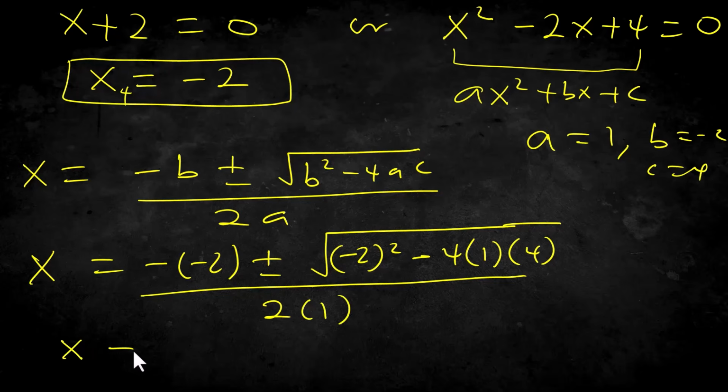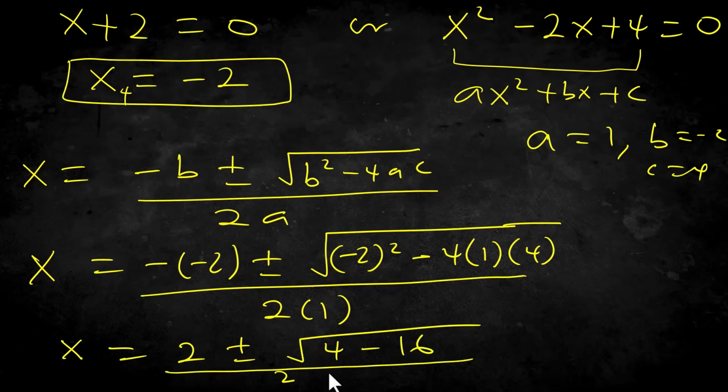So we have 2 plus or minus the square root of 4 minus 16, over 2. So we still have a minus; this side will be minus 12.